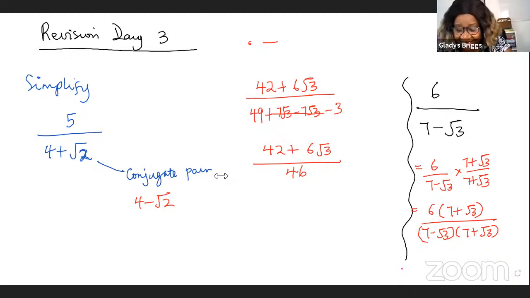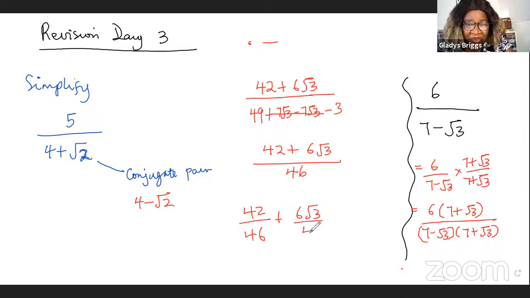Pardon? But we simplify. You simplified it. Yes. But the thing is, if you simplify it, look, 42 over 46. This problem here is the same thing as 42 over 46 plus 6 root 3 over 46. Yeah. So which one did you simplify?